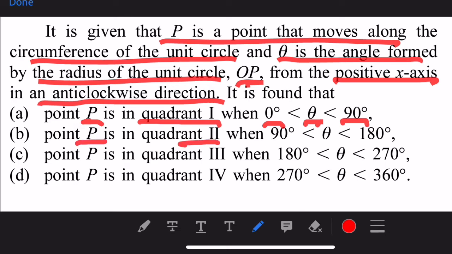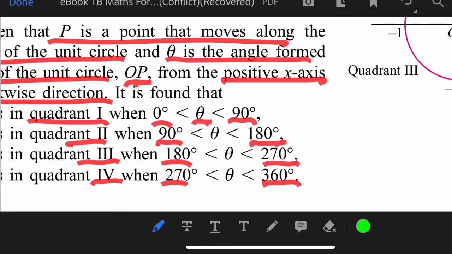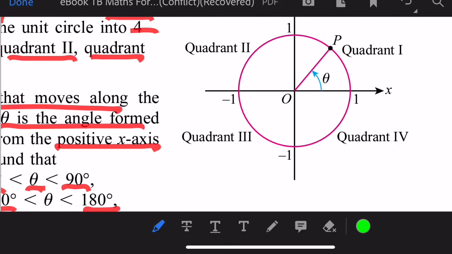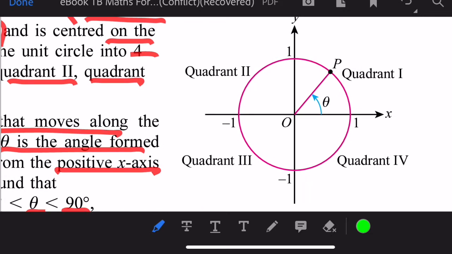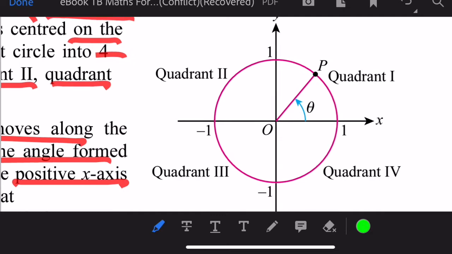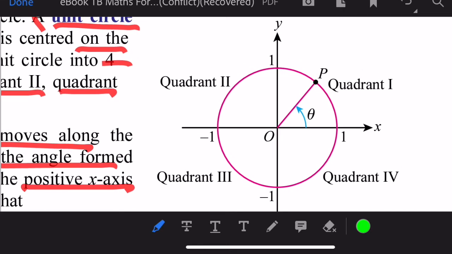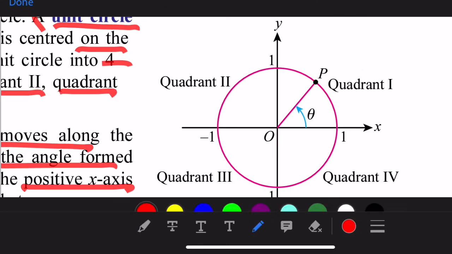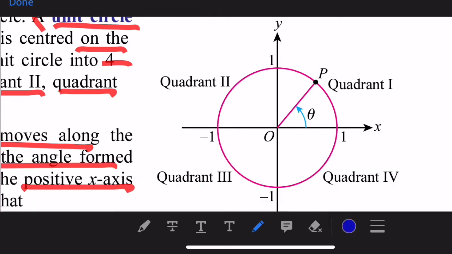For quadrant 2, the angle is between 90 and 180. For quadrant 3, the angle is 180 to 270. And for quadrant 4, the angle is 270 to 360. So you must know how to define the quadrant. So this is an example of the unit circle. As you can see, the unit circle always comes with a unit.